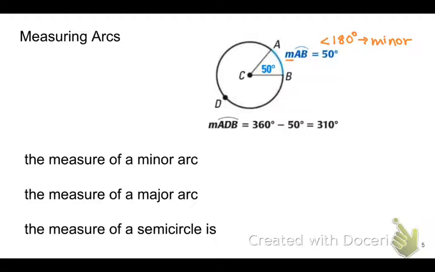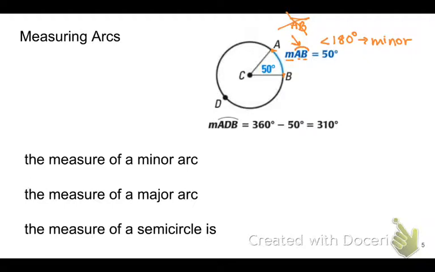We write the M for measure, just like we did with an angle, and we write the A and the B, which are the two endpoints of the minor arc, and then we put a little arc over it. Make sure your arcs look like an arc, not a straight line, because AB with a straight line means the line or the line segment AB, and that's not what we're talking about. We're talking about an arc. So make sure this little line has a curve to it. Those of you who like to write quickly, please be careful of that.